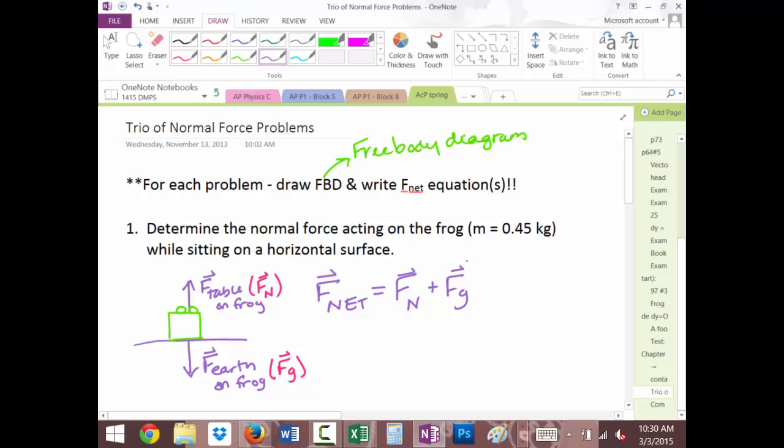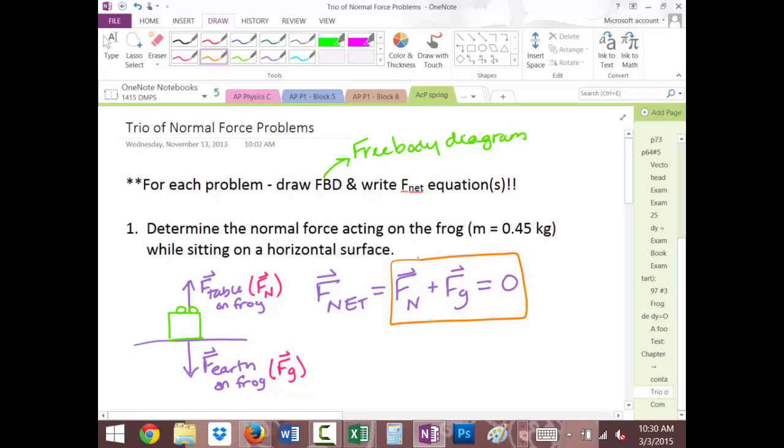If he's not accelerating, what do you know about his net force? Has to add up to 0, right? So I'm going to say Fnet also equals 0. This Fnet really just allows you to write the rest of it. Really what you want to look at is this part over here. Those two things have to add up to 0.